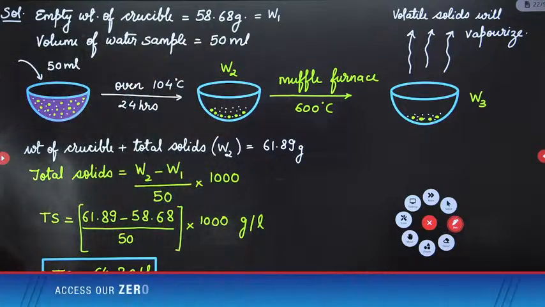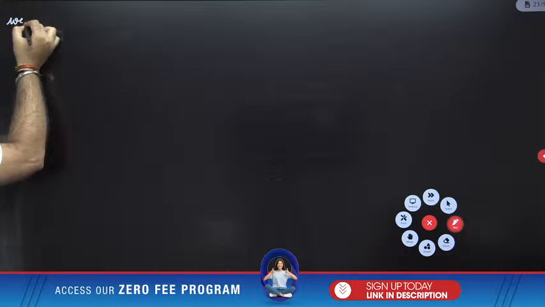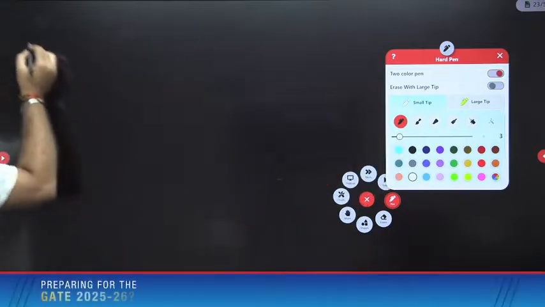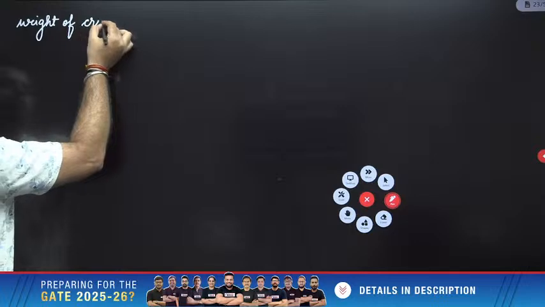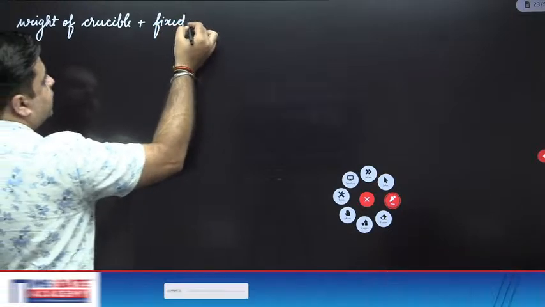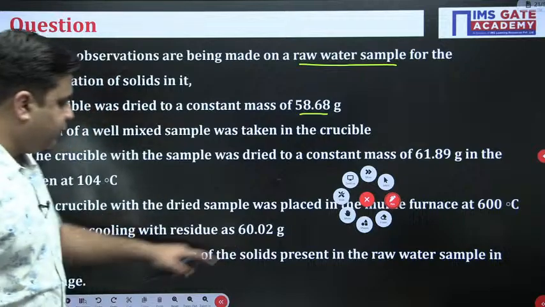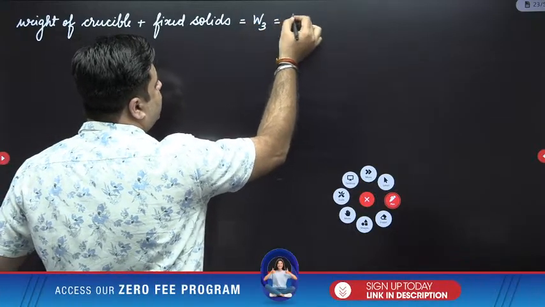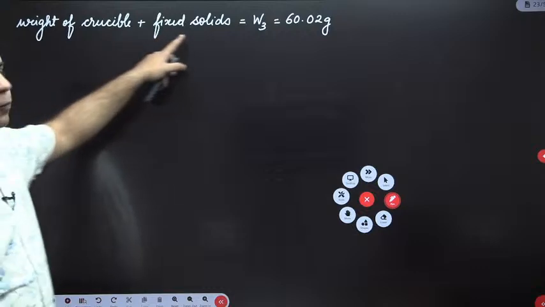This is given to you as 60.02 grams. Now from here, first of all, calculate the fixed solid concentration.